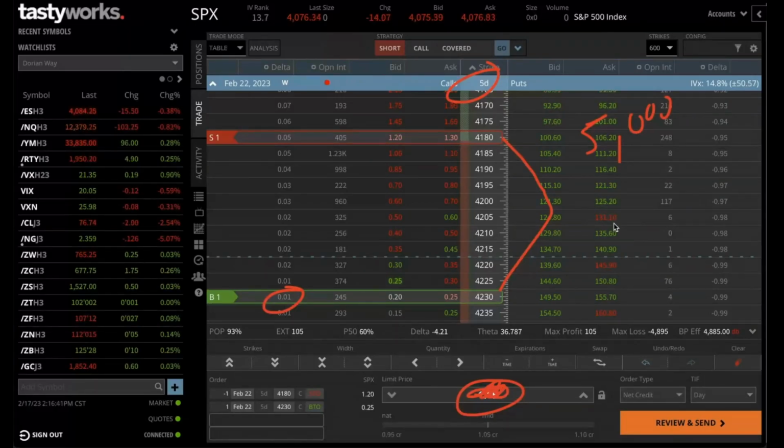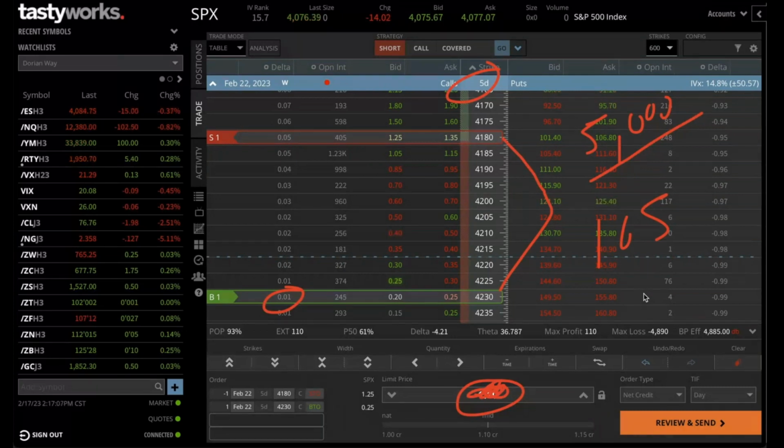This right here is all based on what type of credit you're going to receive and the buying power, and then in return how much you're receiving on that, right? How much return, what's your return on your capital? Because the 5,000 in this example is how much you have to put up for the most part, and then someone's going to give you $105, so that's how much you're going to receive on your return on capital based on how much you have to put up.